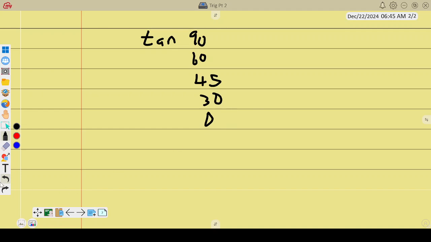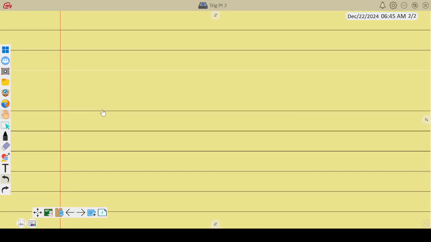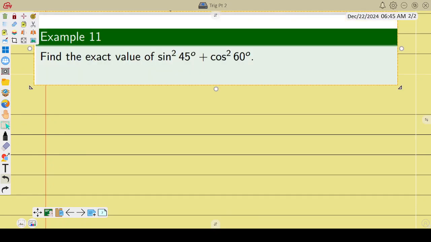So let's do one example which came in a quiz. Okay, so there we have it. Find the exact value of sin squared 45 plus cos squared 45. So this baby question had 3 marks.